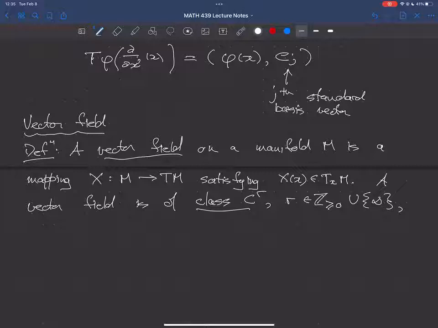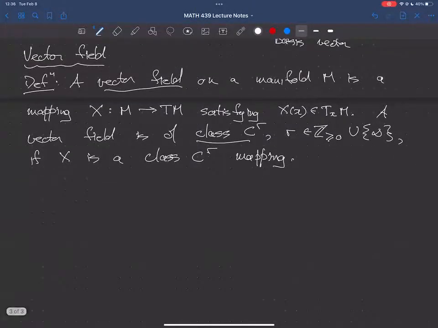A vector field is of class C^r if X is a C^r mapping. The point is that this terminology makes sense to us now because we defined what it means for a mapping to be of class C^r.